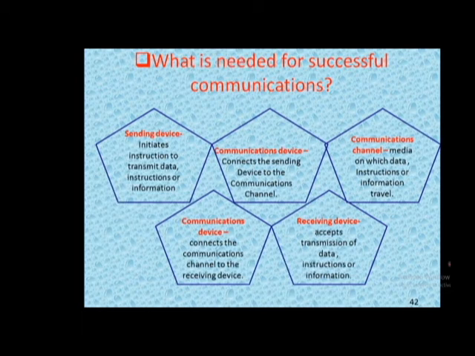Successful communications require a sending device that initiates a transmission instruction, a communication device that connects the sending device to a communications channel, a communications channel on which the data travels, a communication device that connects the communication channel to a receiving device, and a receiving device that accepts the transmission of data, instructions, or information.